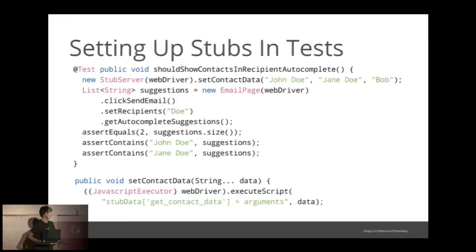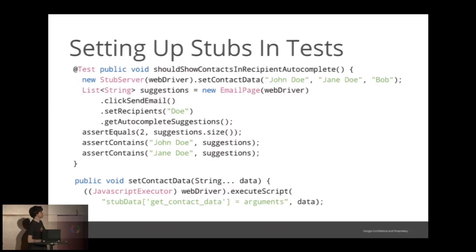And here you can see in a test what this looks like. Here I have a test that's testing something like Gmail's autocomplete feature, where I start typing a name into an address field, and it should show me my contacts that match that name. Normally, that would require a call down to the server to load that contact data, but in this test, I want to stub out that functionality.